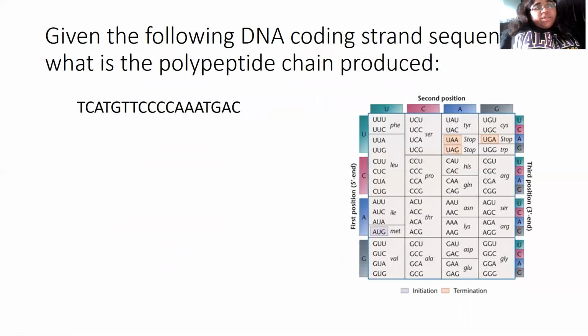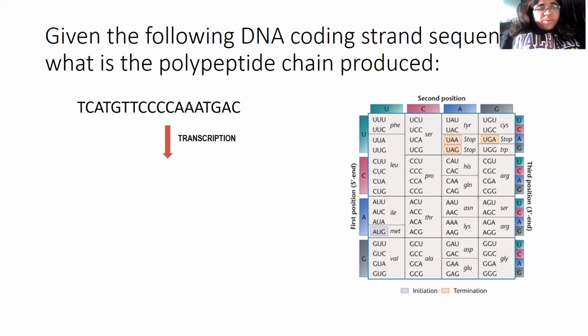Let's do another question. So we're going to do this question where given the following DNA coding strand sequence, what is the polypeptide chain produced? So in this case, we transcribe it. We have a coding strand, right?